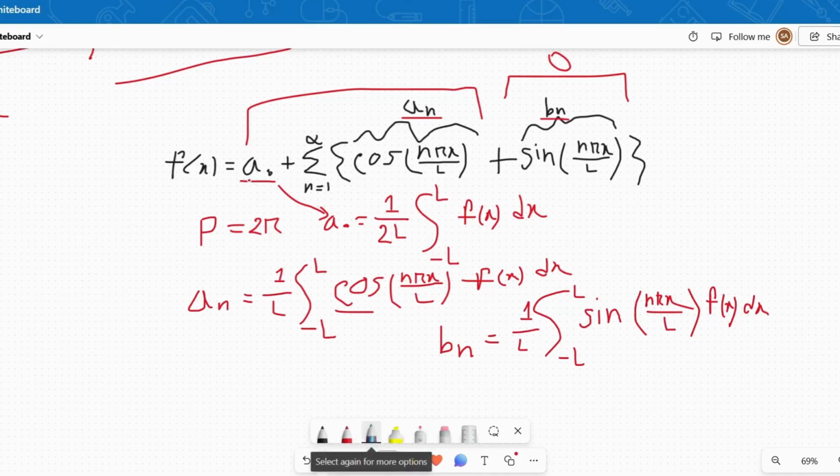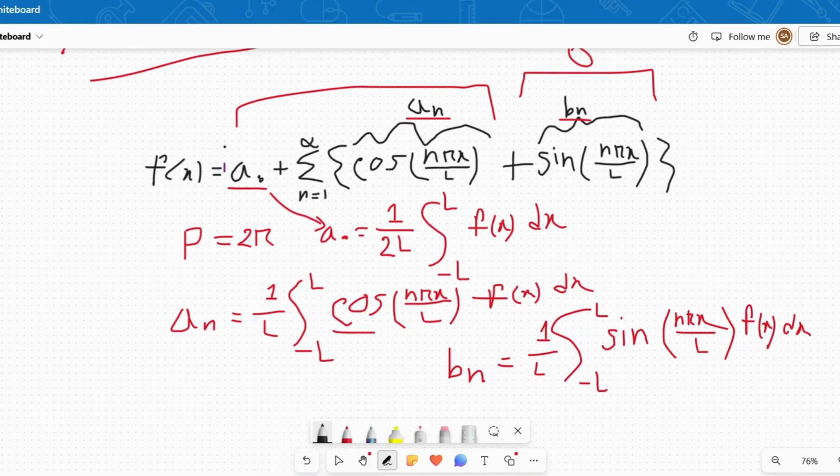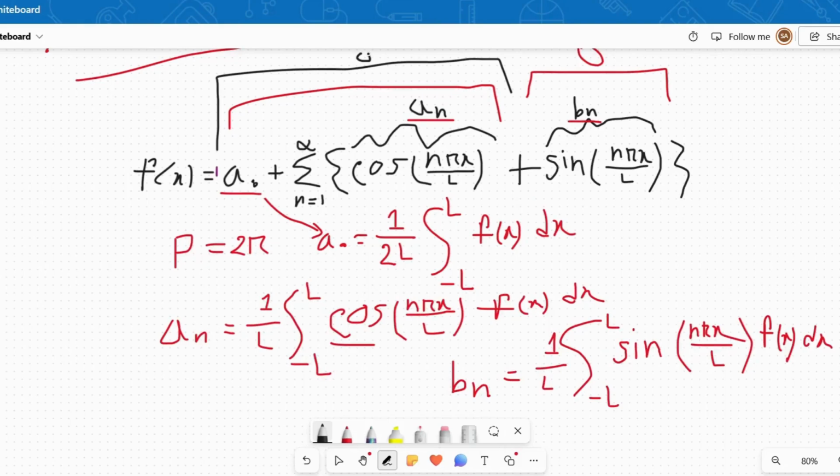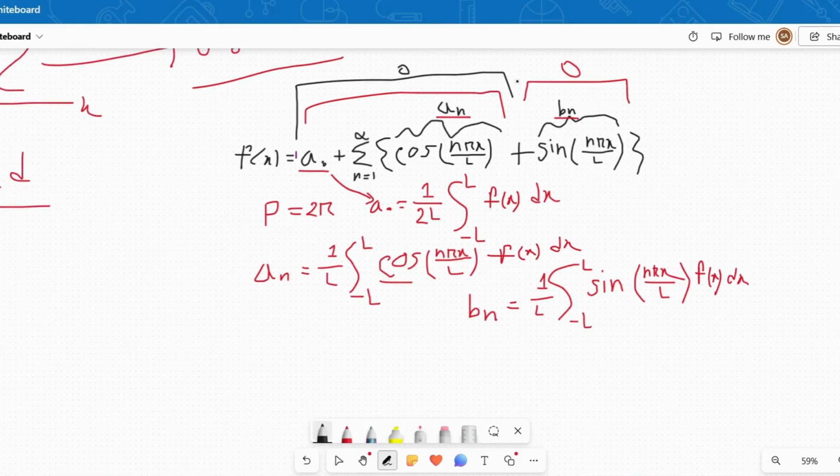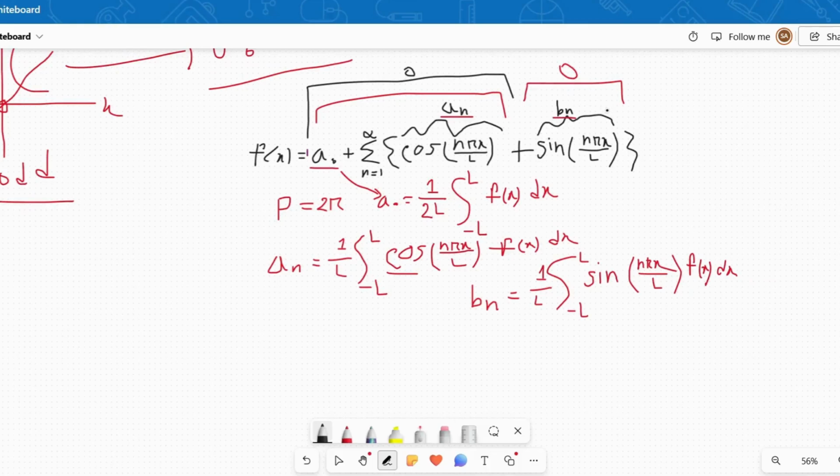And for an odd function, this is 0, and we have to calculate this value only.